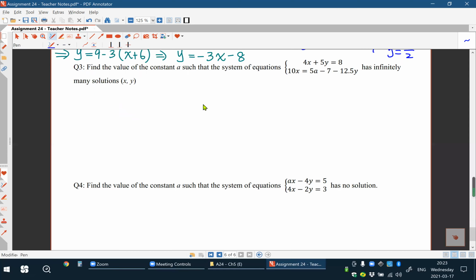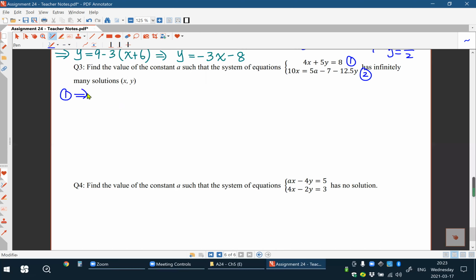In order to solve the original system, we can use either the elimination or substitution method, right? Let's call this number 1 and this number 2.